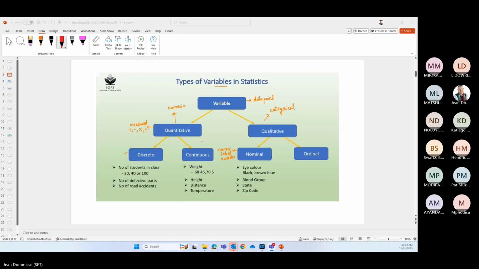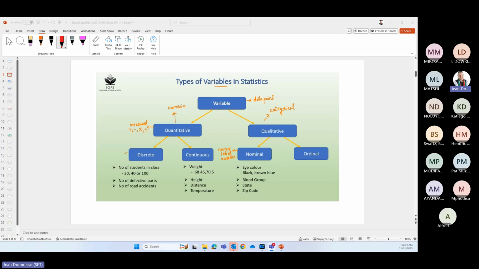Then, when we go into variables, we will always get a question or two around types of variables. When we look at types of variables, we normally break it up into two types.